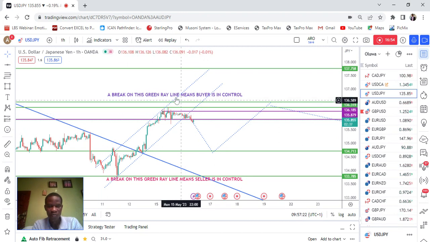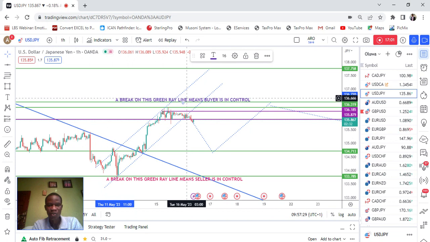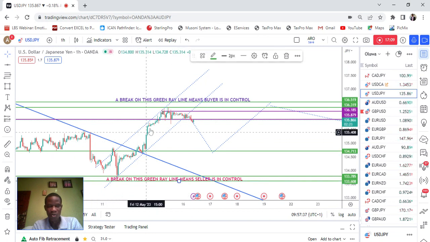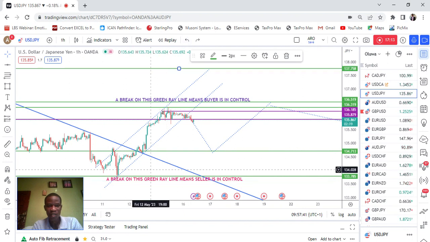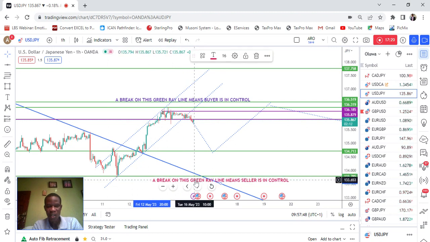We expect that when the market breaks this particular gray line, it shows that the market is ready for a buy down to this area. I want to know whether you're following and whether you understand what I'm saying. Until the market breaks out of that area, you cannot enter that trade.